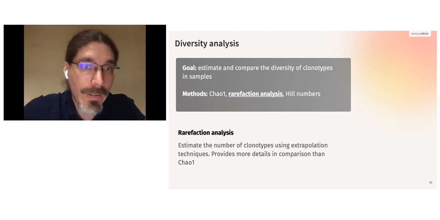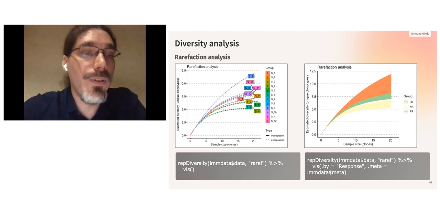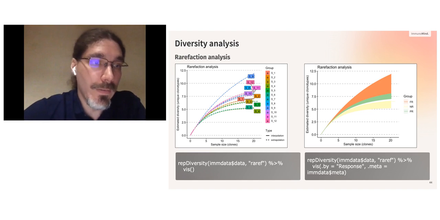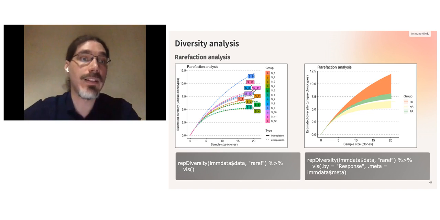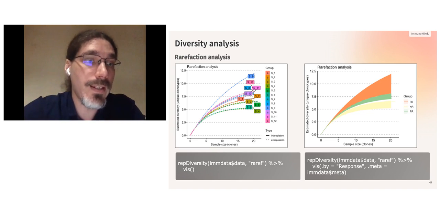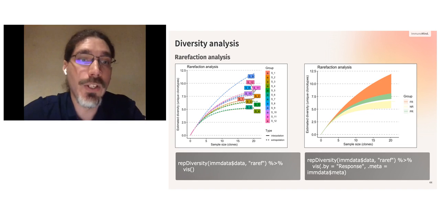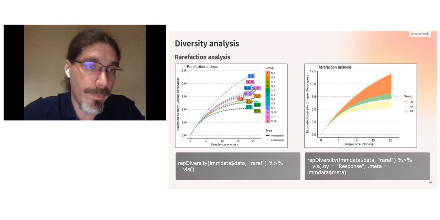It looks like this. Let's take a look at the left side. You can see the dotted lines, which are extrapolations of the samples, and around 0, you can see straight lines, which are interpolations. So it's true data, and dotted lines are the modeled data.